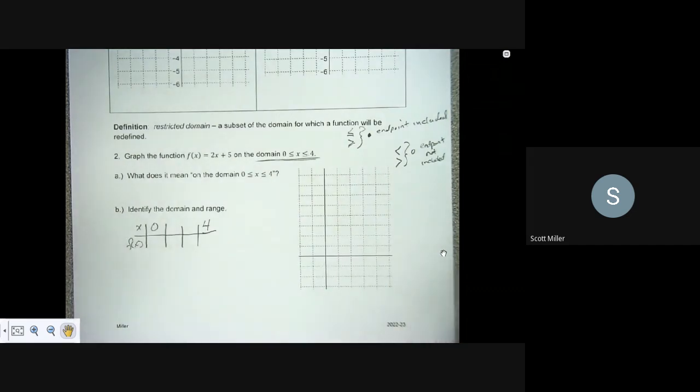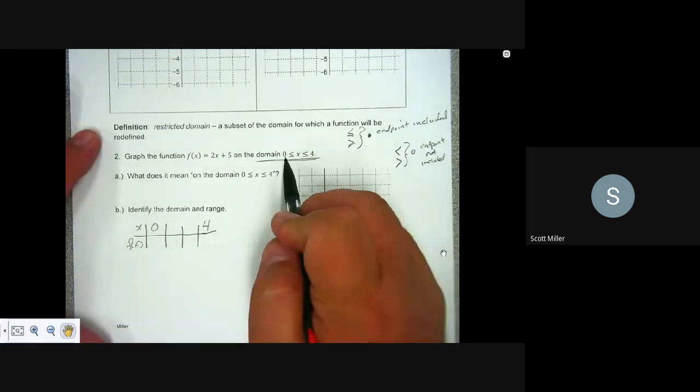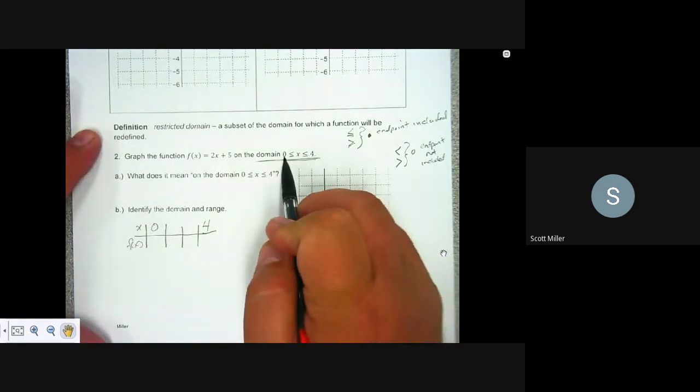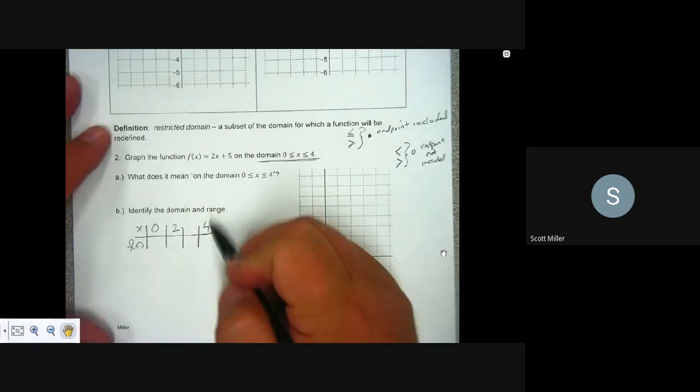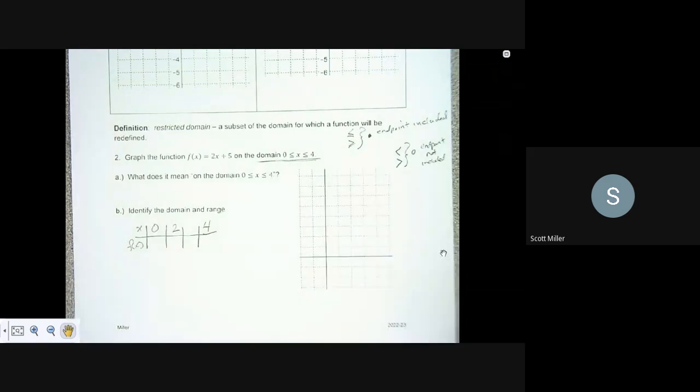Pick any third point you want, any integer or whatever number you want between 0 and 4. It doesn't matter which one you pick. I'm going to go right in the middle. I'm going to take 2. You can pick any point that you want. Take these 3 numbers, plug them into this, and give me the y value that goes with it.